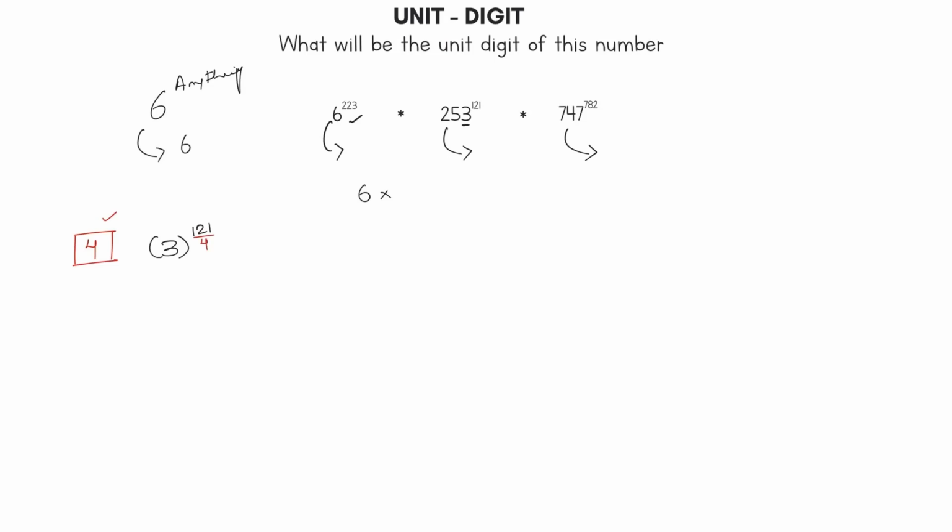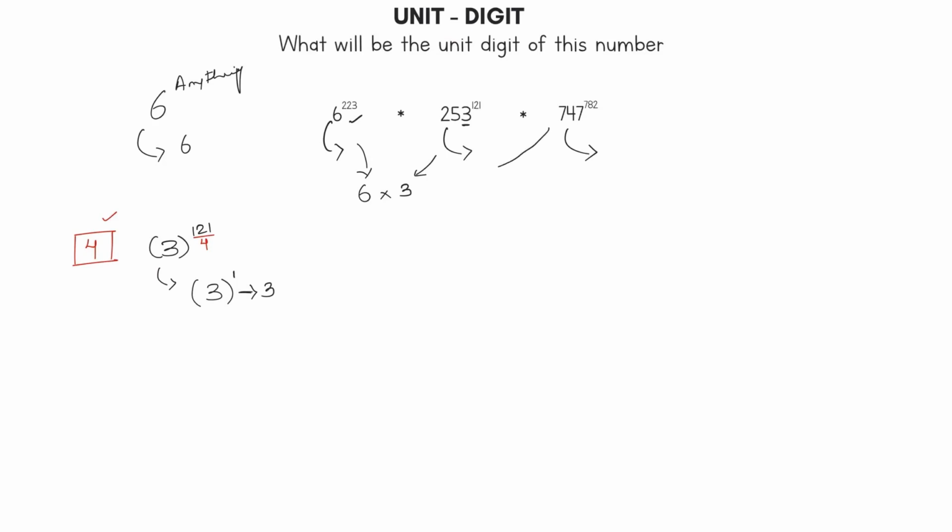What is the remainder here? 4 5s are 20. The remainder here is 1, which means 3 raised to 121 is similar to 3 raised to 1. 3 raised to 1 ends in a unit digit of 3, which means 3 raised to 121 will also end in the unit digit of 3, and that's what I get here. The unit digit of this part is 3 and the unit digit of this part is 6.